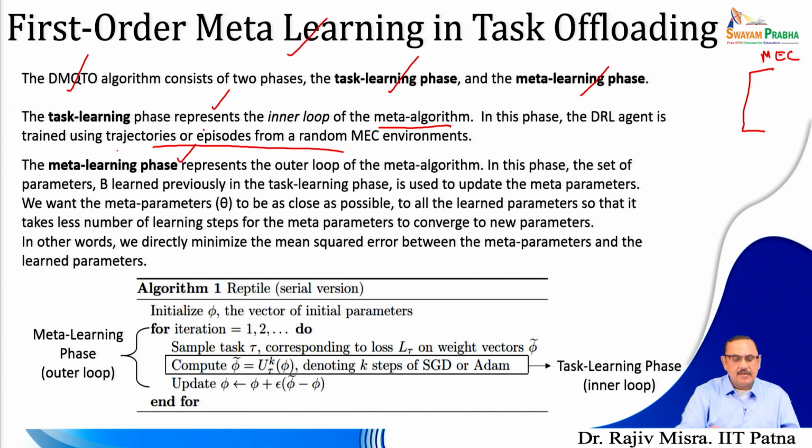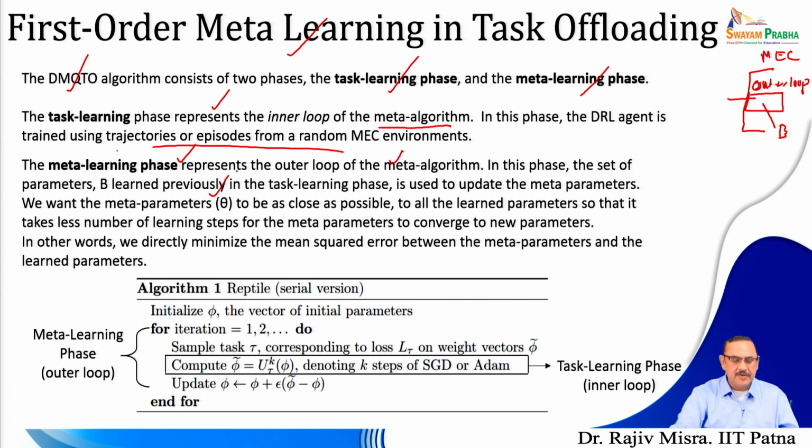The meta learning phase represents the outer loop of the meta algorithm. In this phase, the set of parameters learned previously in the task learning phase is used to update the meta parameters.